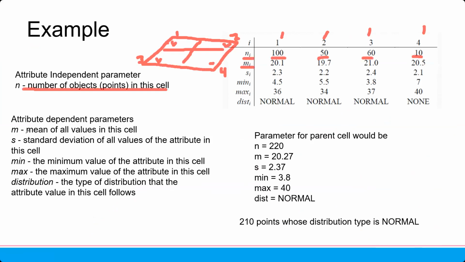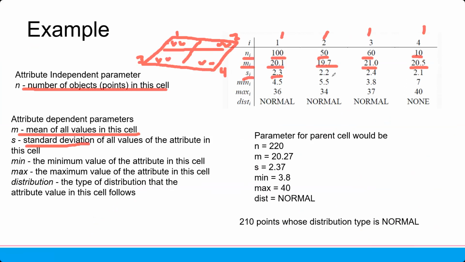m means the mean, okay, the average. So in this cell, the average is 20. In this cell, the average is 19.7. In cell number 3, the average is 21, and in cell number 4, the average is 20.5. s is the standard deviation.